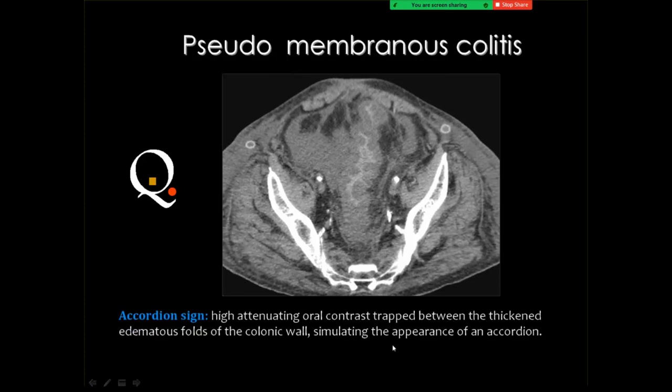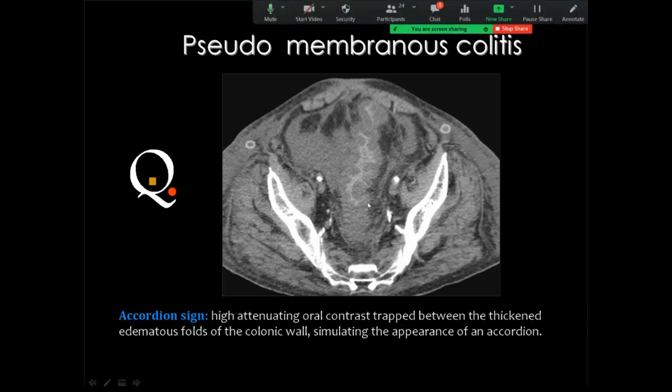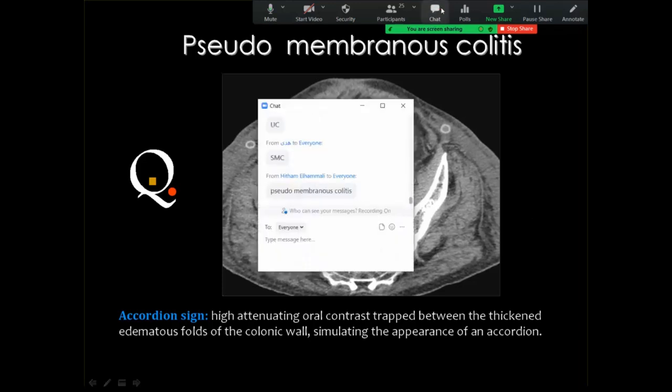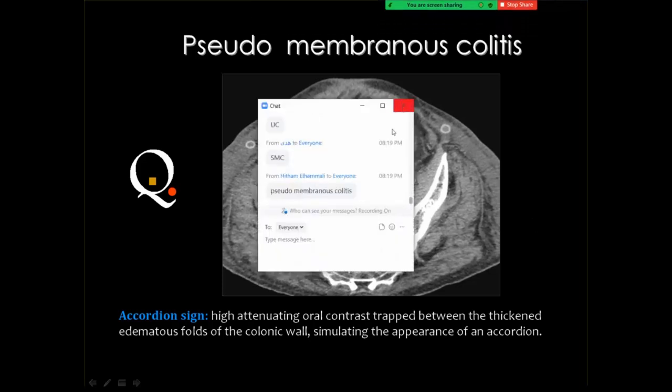This pseudomembranous colitis can affect the entire colon, but it can affect a segment like the rectum or the right side of the colon with stranding of the pericolic fat and some fluid in the pelvis, and the answer, pseudomembranous colitis, is right.